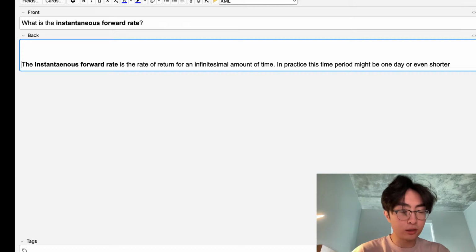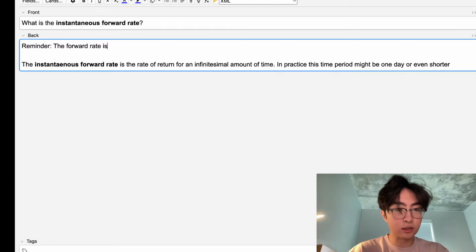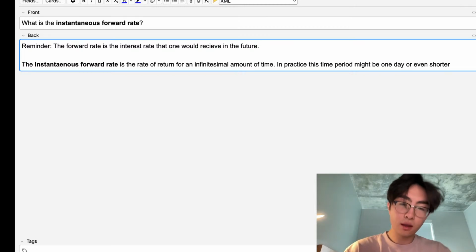So let's see. Reminder, the forward rates is the interest rates that one would receive in the future.